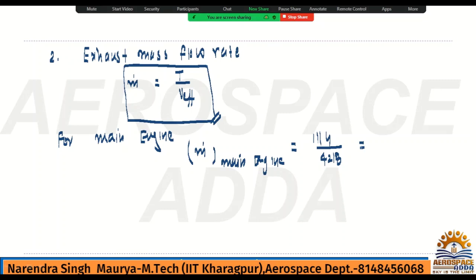The thrust is in kilonewton, so 1,114 divided by 4218, and it is in kilo, so multiply by 1000. I am getting 264.1.